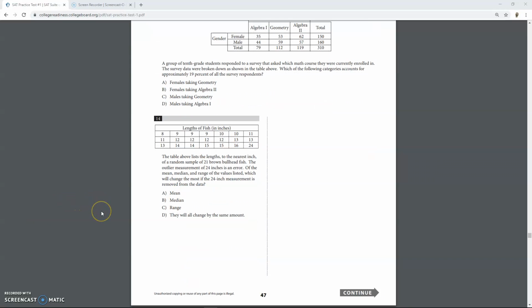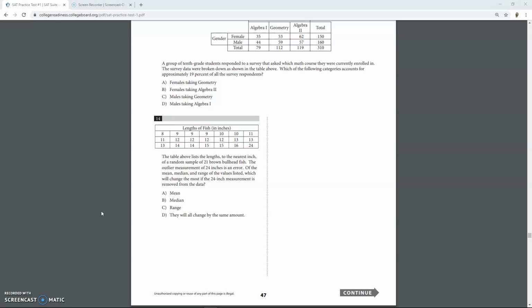For question 14, we're trying to find which will change the most if the 24-inch measurement is removed from the data. If the 24 measurement is removed from the data, we absolutely know that the range will change. It will shorten from 8 to 24 into 8 to 16.